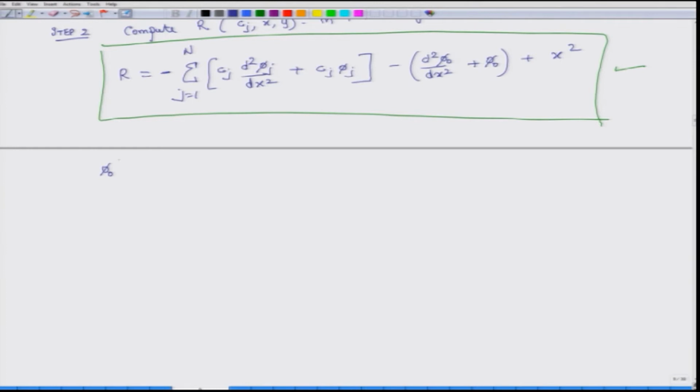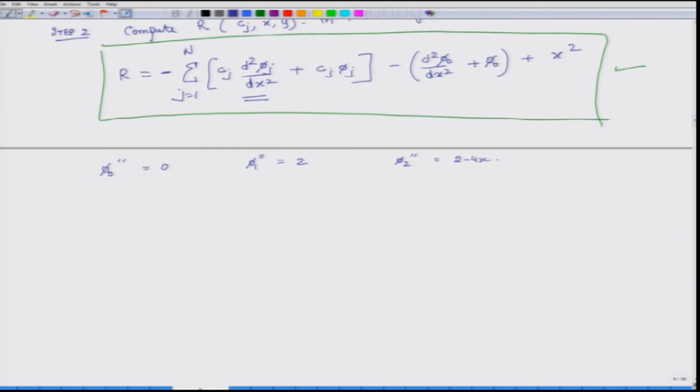At this stage I compute the second derivative of phi naught, and phi naught was x, so its second derivative is 0. Then I compute the second derivative of phi 1, because here I have to have second derivative terms. This is equal to 2, and then the second derivative of phi 2 is equal to 2 minus 4x.